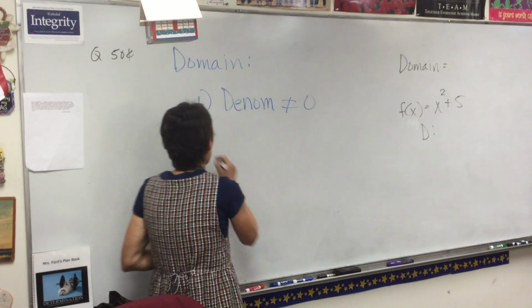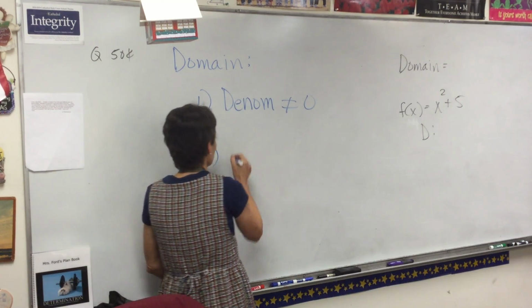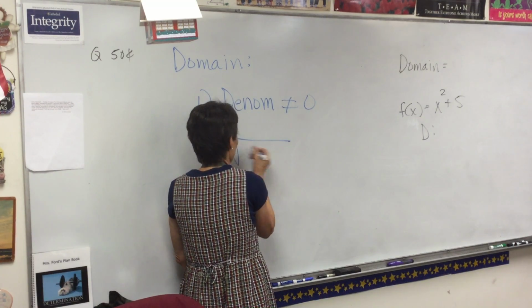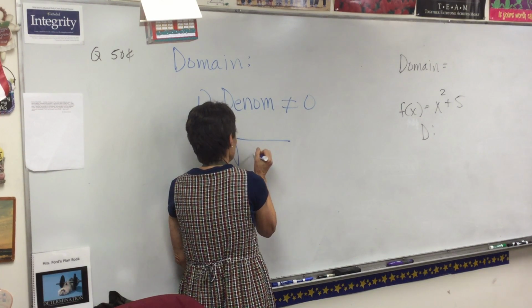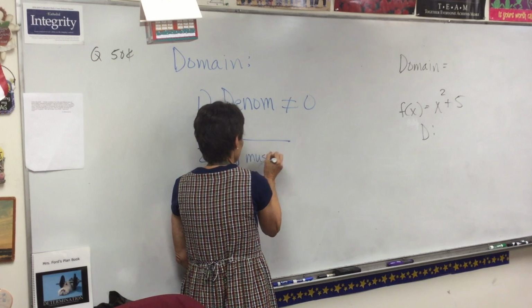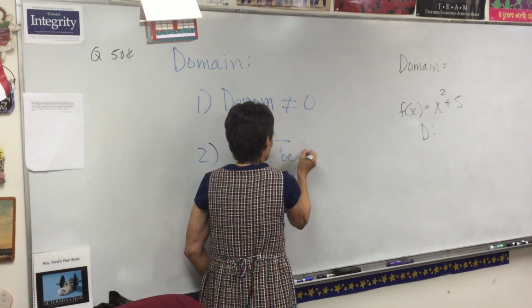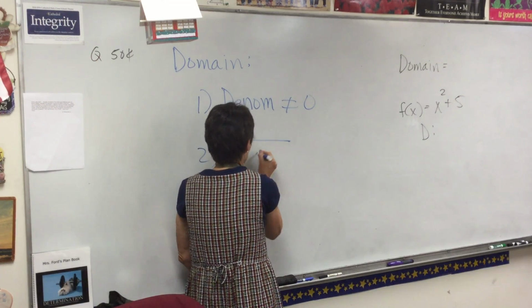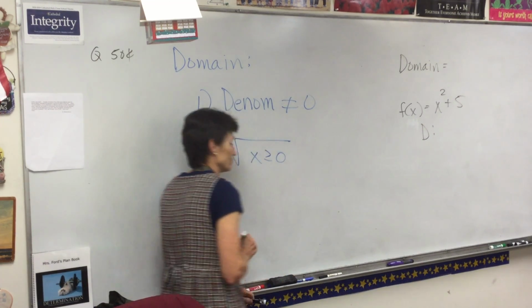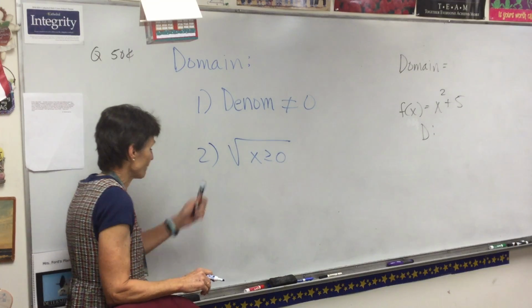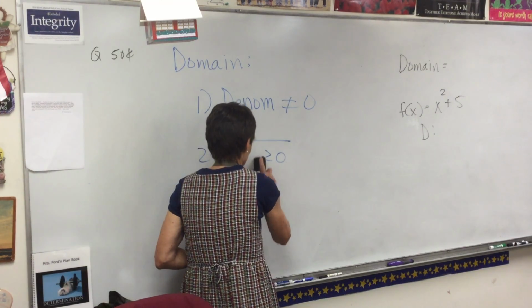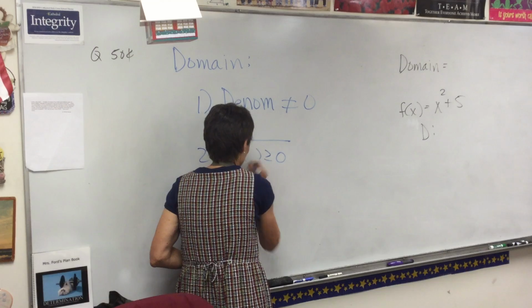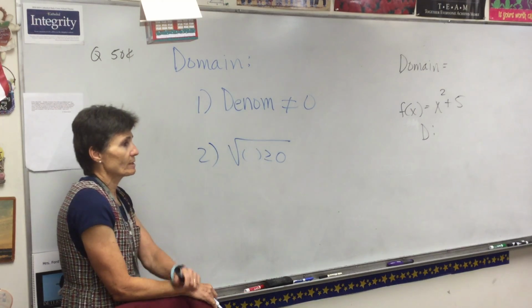The other thing you have to worry about is whatever is under the radical must be positive. I should say greater than or equal to 0. Whatever is under the radical must be greater than or equal to 0.